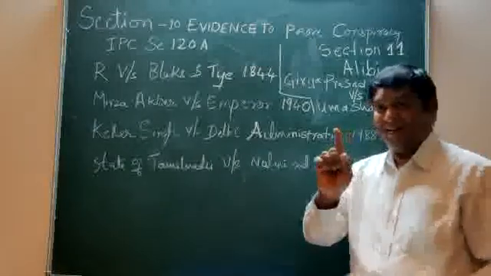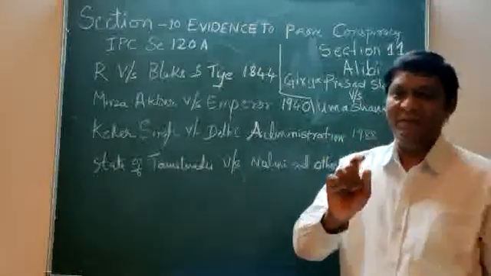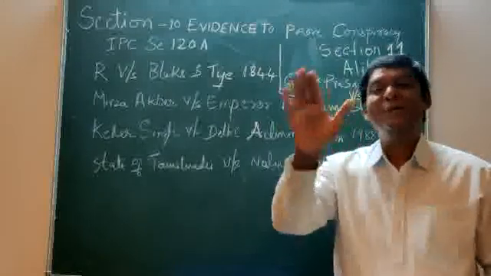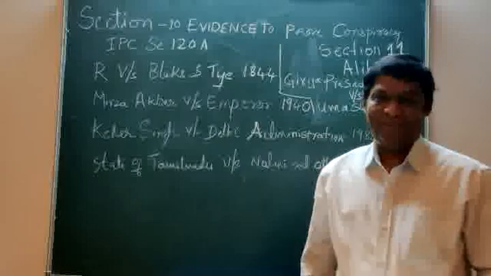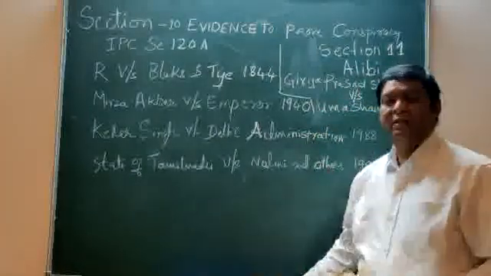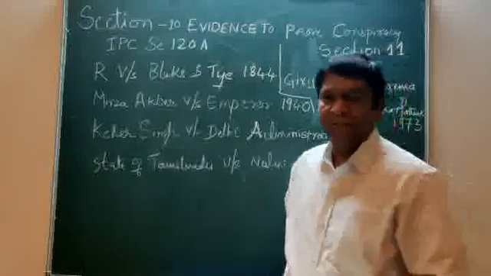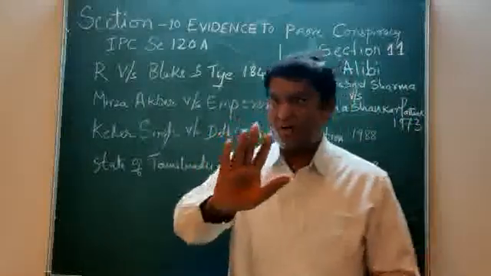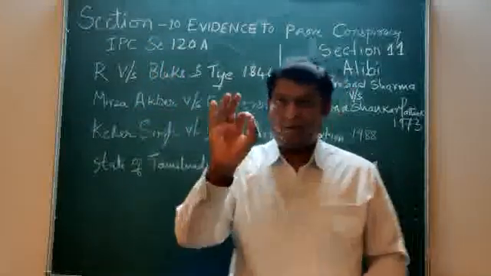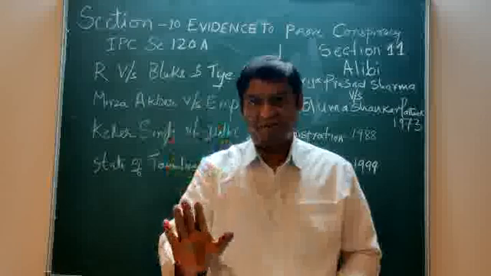But remember, you must show the proof properly, perfectly, otherwise you are going to lose this case. So this much is enough for short notes. So alibi is for short notes, and section 10, it's for main question. Okay, essay type question.